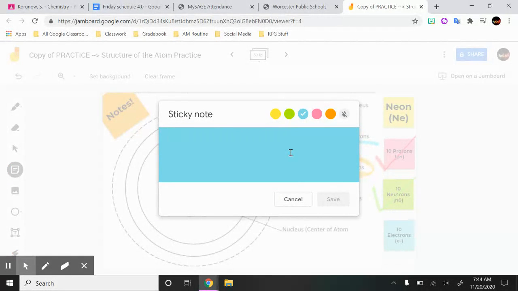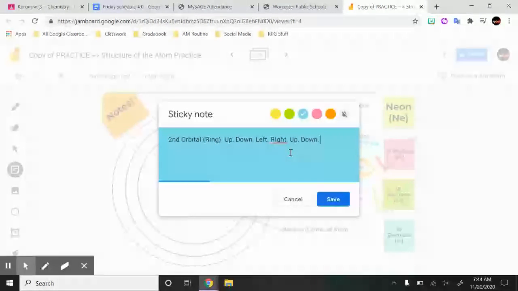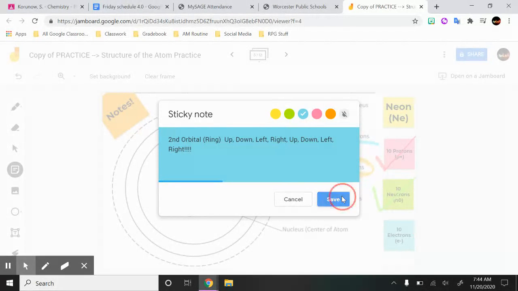And that pattern goes on the second orbital or ring. We fill them in: up, down, left, right, up, down, left, right. Every single time, we're going to follow that pattern.